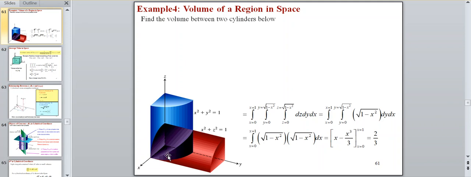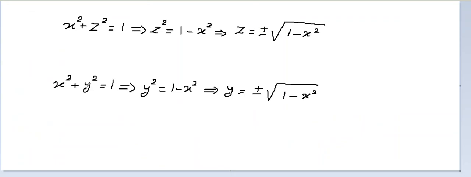Now we want to describe this circular base in 2-dimensional space, right? So y is from 0 to the circle, so we have to find the equation of this circle such that y is a function of x, using this equation that I have done for you. x squared plus y squared equals 1.